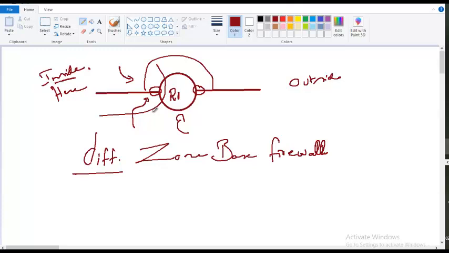Here, more routing features. So for a small company, you need not spend money buying a firewall if you have the patience and knowledge to do zone-based firewall. Zone-based firewall will allow you to create zones, means you are allowed to create zones.